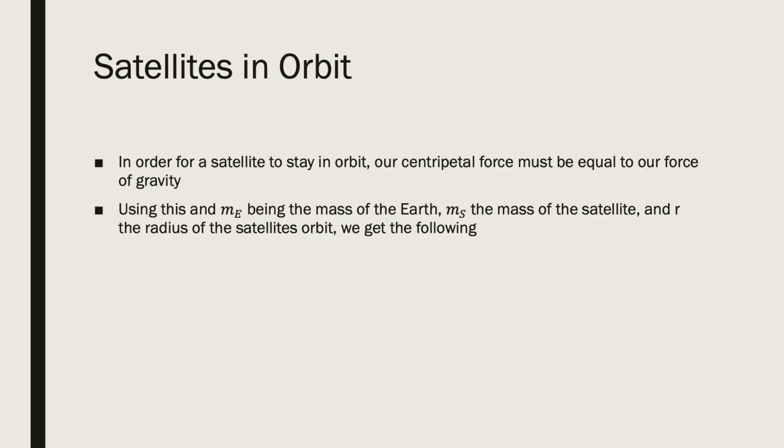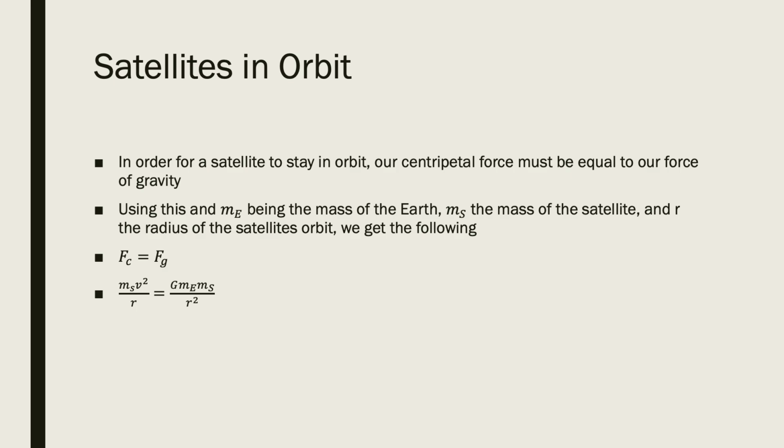So using those forces being equal, and ME being the mass of Earth, MS being the mass of the satellite, and r being the radius of the orbit, we get the following. Our centripetal force is equal to force of gravity. So we've got MS v squared over r equals G ME MS over r squared. You'll notice that one side's divided by r, the other's divided by r squared, so we can cancel out an r on both sides.